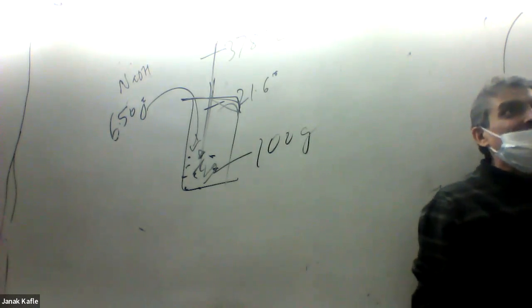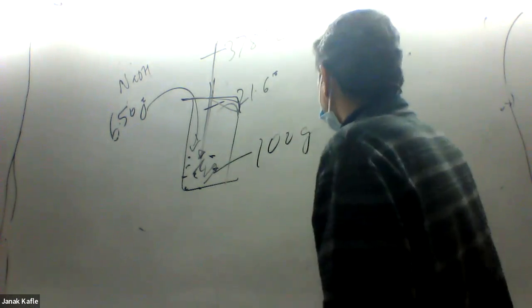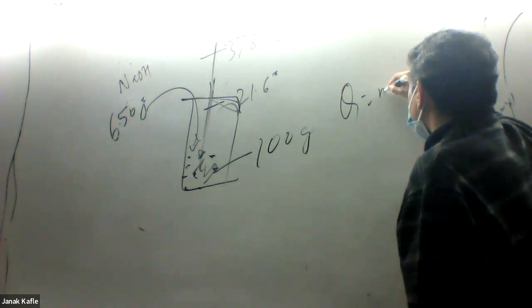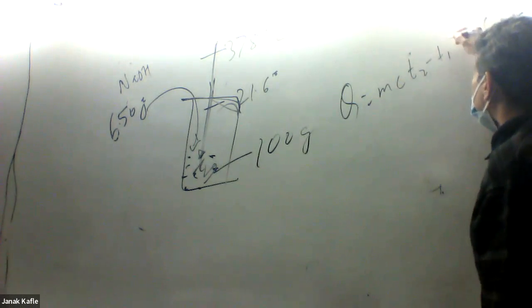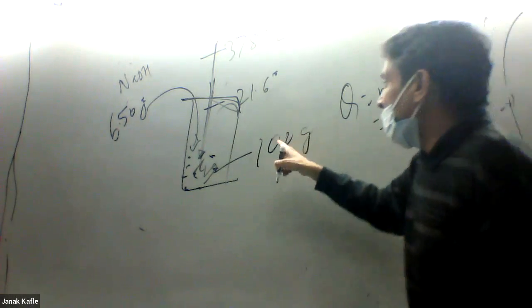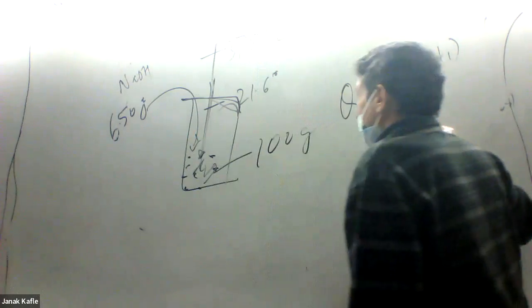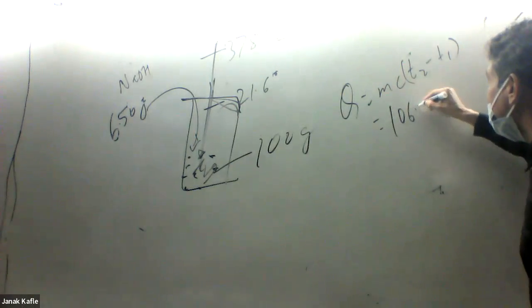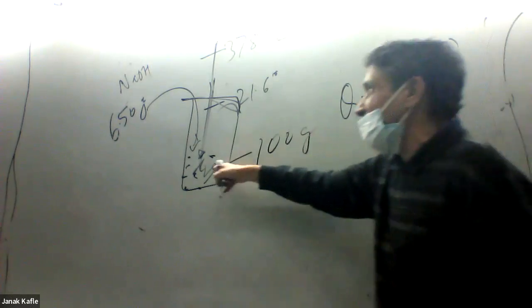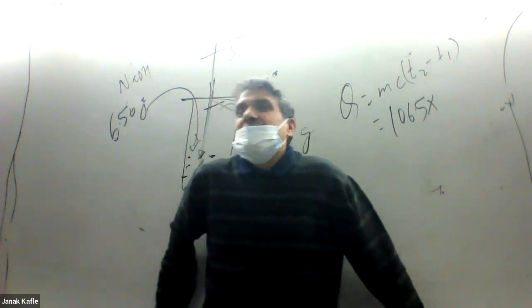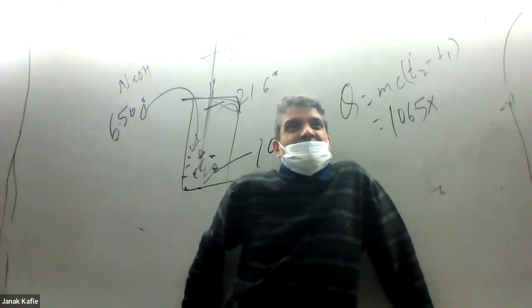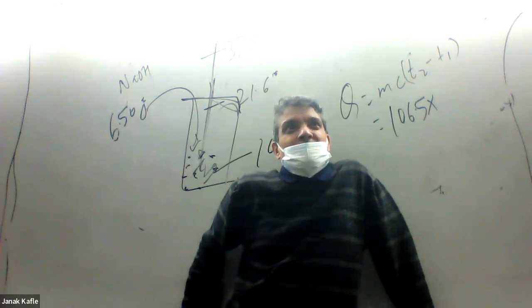Make sense? Same thing. Heat is again Q equals mC(T2 minus T1). M is 100 plus 6.5, so 106.5 is the mass, and C of the water. We don't consider the specific heat capacity of NaOH, as it is not much different from water.